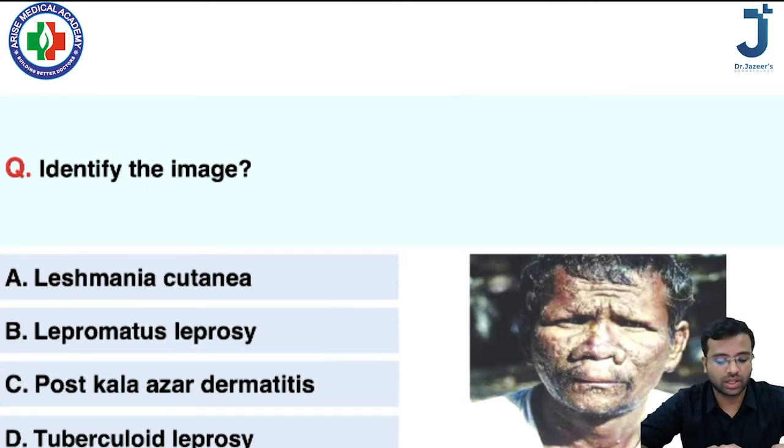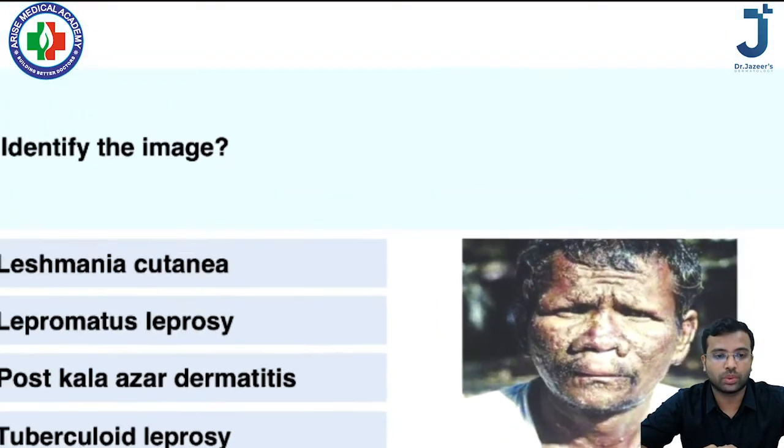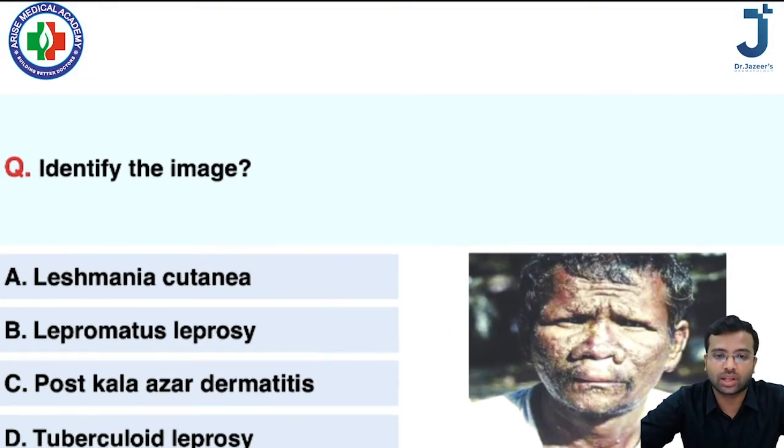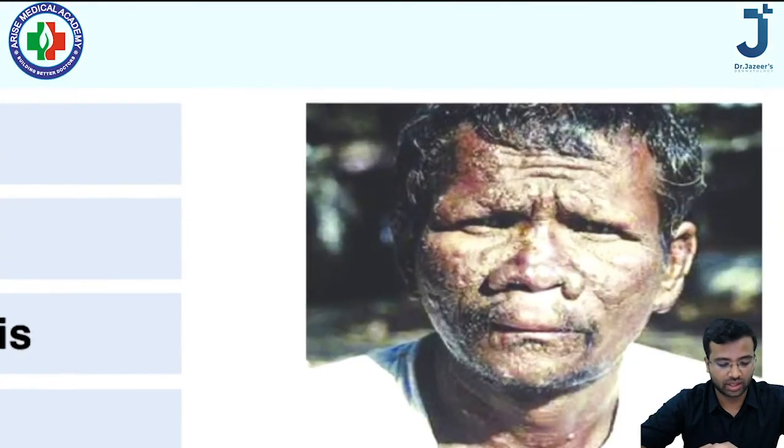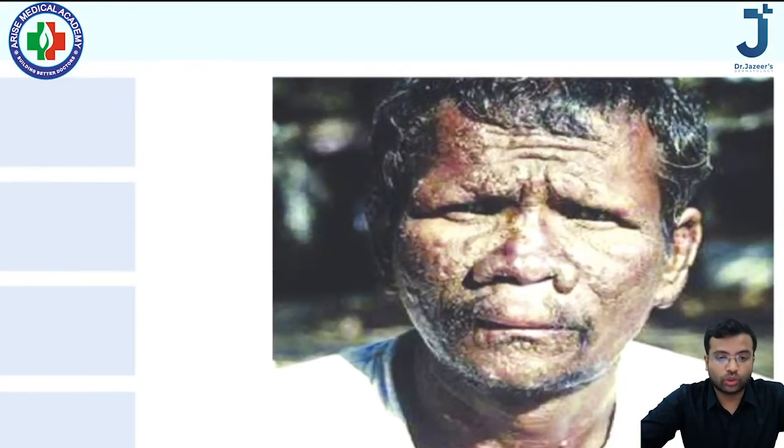In this image you may get confused between lepromatous leprosy and post Kala Azar dermatitis. Let us see what is actually given in this image. If you look carefully, there is a loss of eyebrows in the patient. The patient has multiple papular or nodular lesions, and there is some deformity in the nose as well.